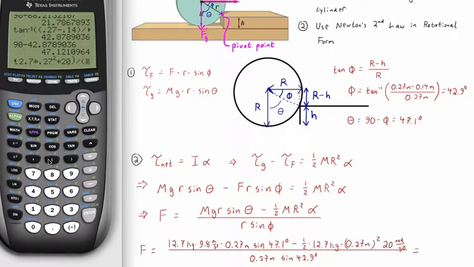Open parentheses for the denominator: 0.27 times sine of 42.9. Double check, yep, 42.9. And close.